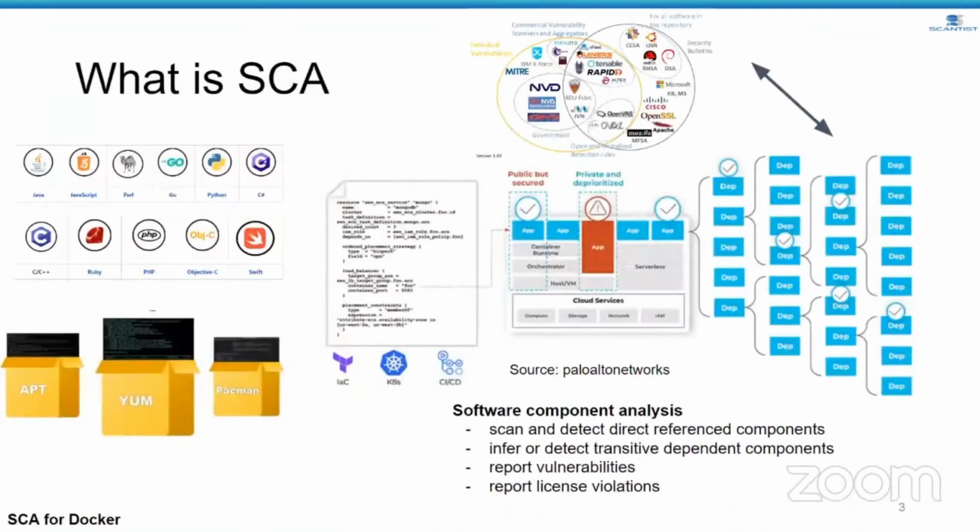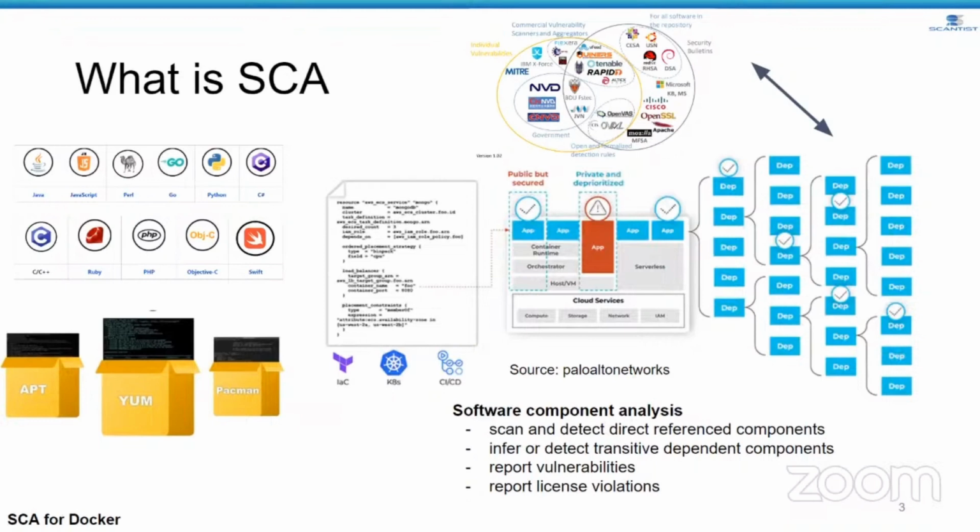So basically, what is SCA? A Docker container has a lot of components installed. Some packages are at the OS level, and some you can install, for example npm packages, into a container, and also maybe some Python projects. With all of these installations, you end up with a dependency tree.